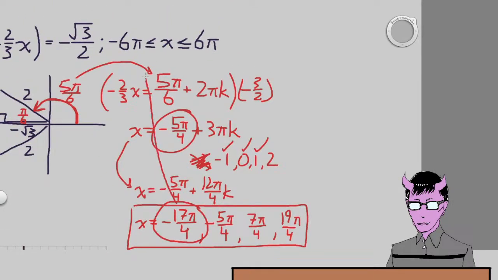So is this one indeed between wall number 1 and wall number 2? Well, if you're comparing it to this one, that's going to be negative 24 pi over 6, which 17 is definitely within that boundary. So that one's good.